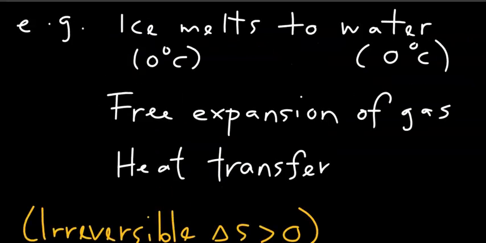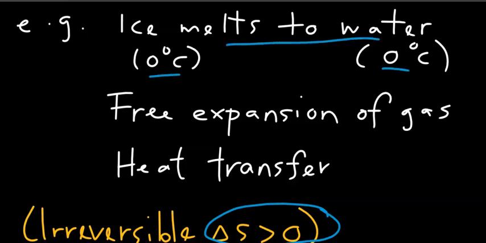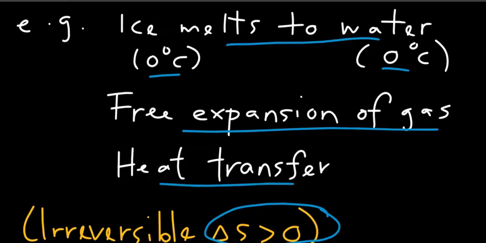Here are examples of irreversible processes for which the change in entropy is positive. The first one is when ice at 0 degrees melts to water at 0 degrees, then free expansion of a gas at a constant temperature, and also heat transfer between two heat reservoirs. Now we shall see how to calculate the entropy change for these processes next.